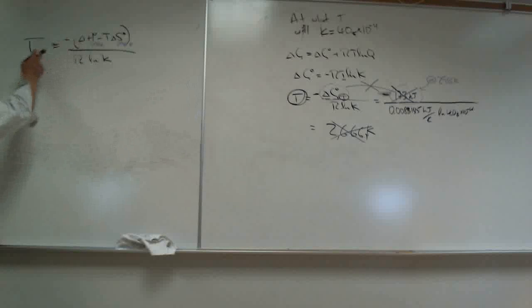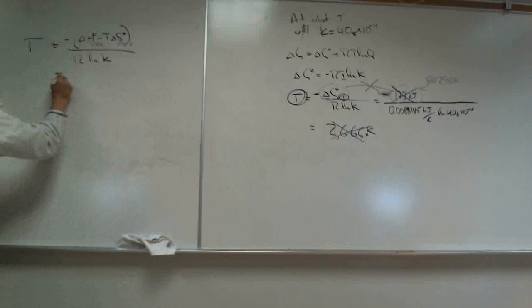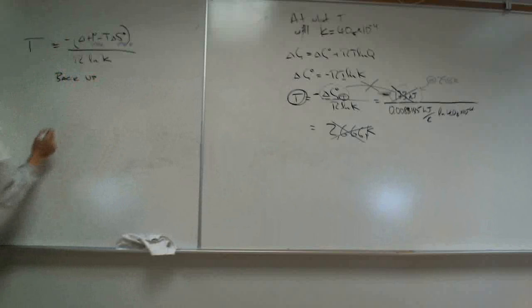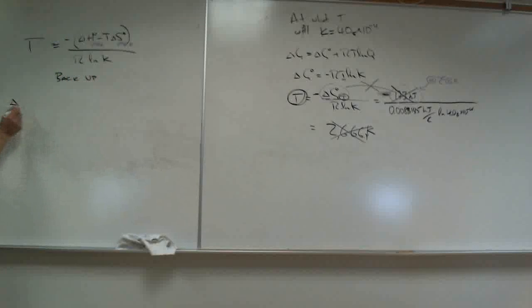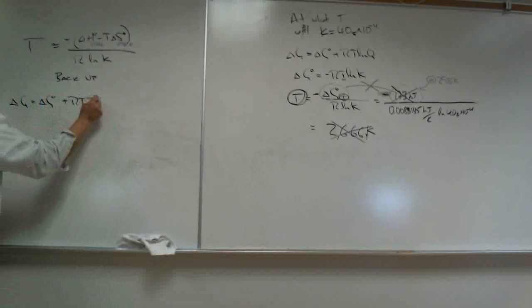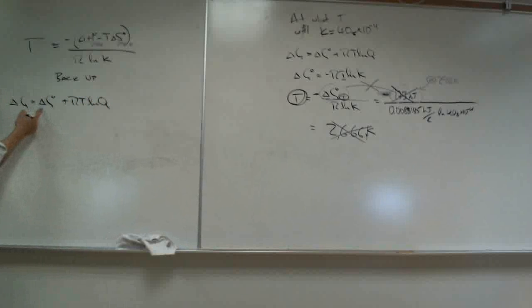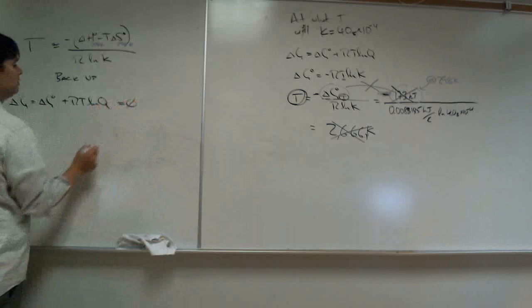Now we have to solve for T, but this is not the easiest place to solve for T. So I want to back up and resolve this for T. When we back up, we'll see that delta G is equal to delta G naught plus RT ln of Q. What we want to do is make delta G equal to 0.